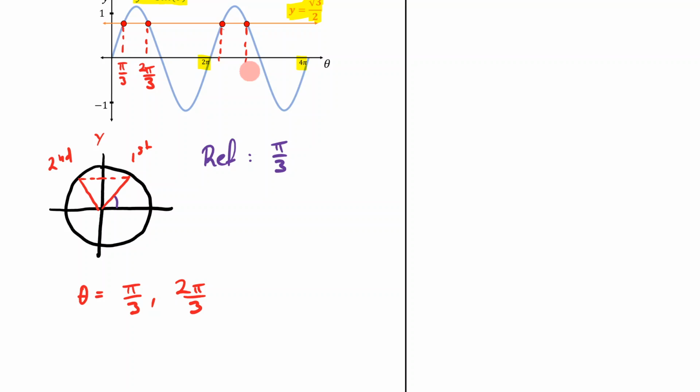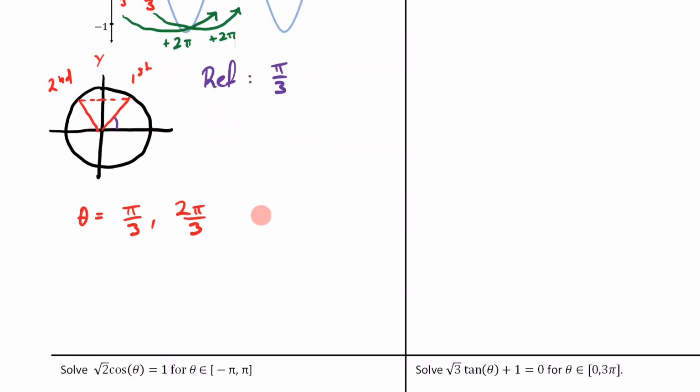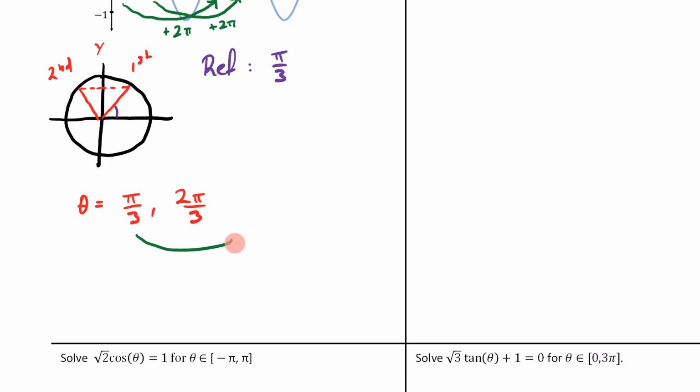So how am I going to do that? Well, what you're going to do is you're going to plus 2 pi to both of these to figure out what the ones over here are, because we know that they're separated by 2 pi. So I'm going to plus 2 pi onto that, and I'm going to plus 2 pi onto that as well.